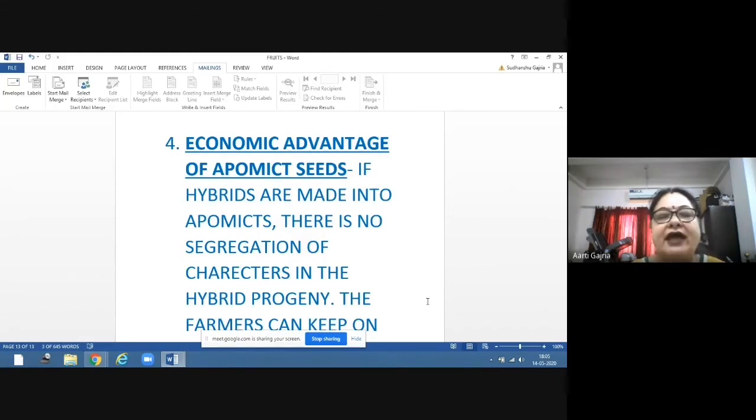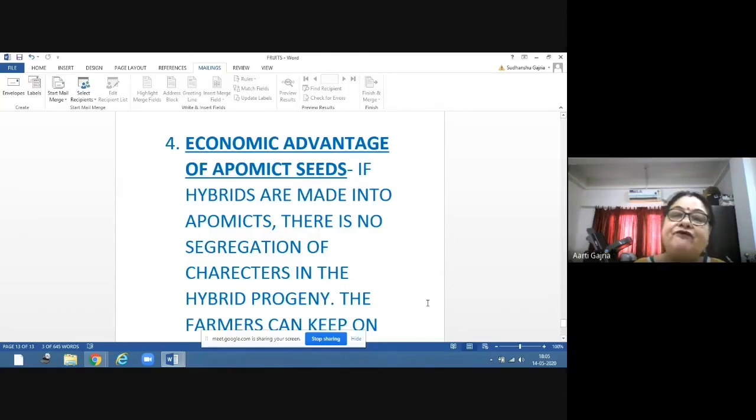If apomictic seeds are sown, the result would be the same. So if hybrids are made into apomictic, we can get the desired quality year after year. It is a big economic advantage for farmers.